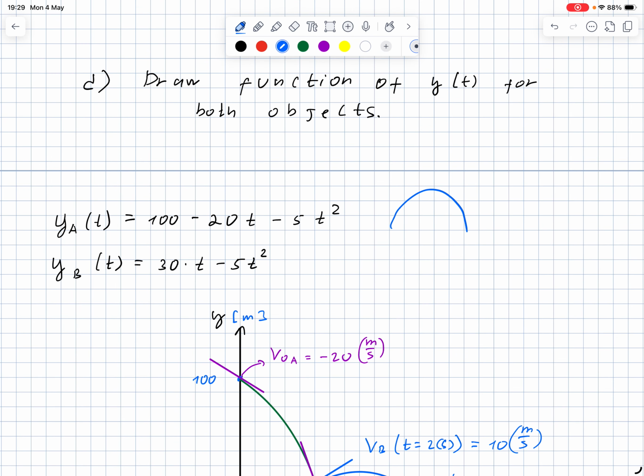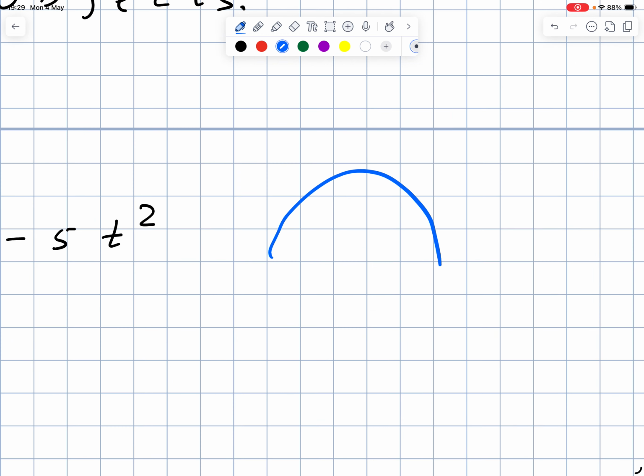Also, when we talk about instantaneous velocity at any given time, it's just the instantaneous velocity, which is v of t equals t1. Let's call it t1, and let's assume we're going to talk about this second time.